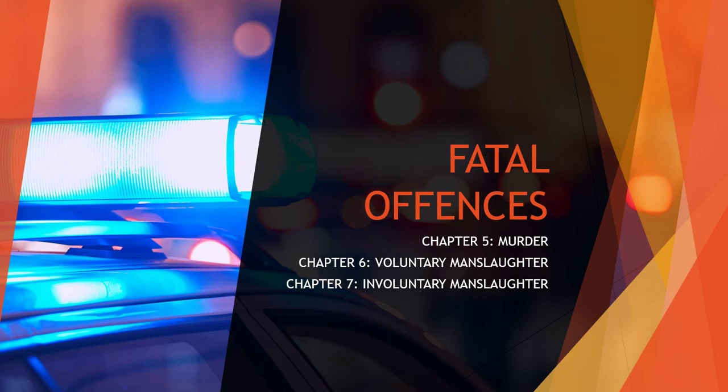It's very important to remember that voluntary manslaughter is a partial defence to murder. So the chances are, if you're going to talk about murder, you're going to by default talk about a type of voluntary manslaughter. What's also important to know at this point is that the general defences do apply. So you've got the partial defences of voluntary manslaughter, but the overarching general defences which are available in criminal law also apply.